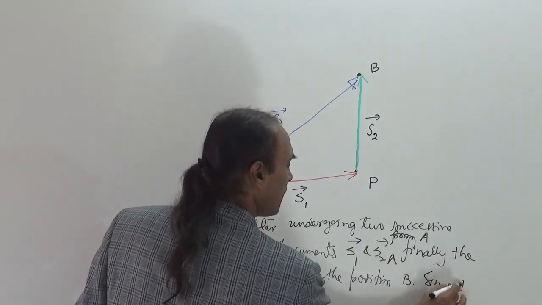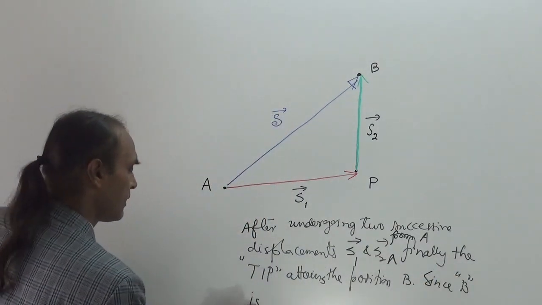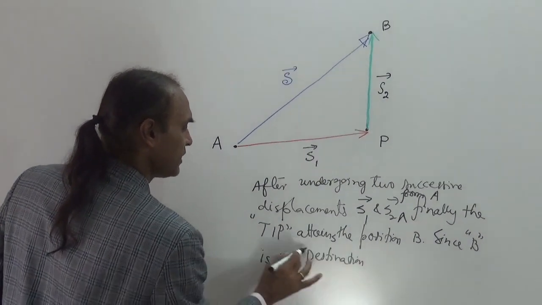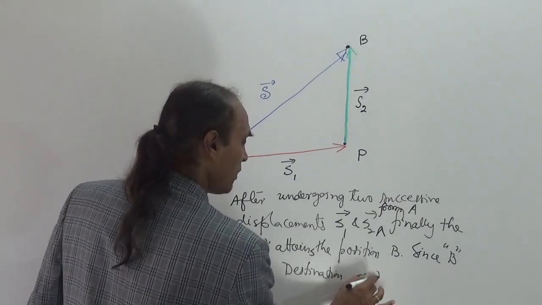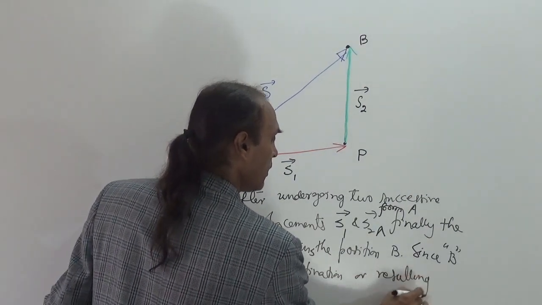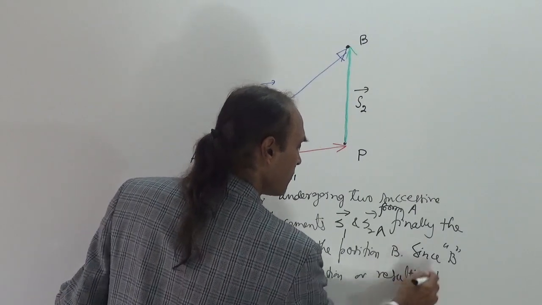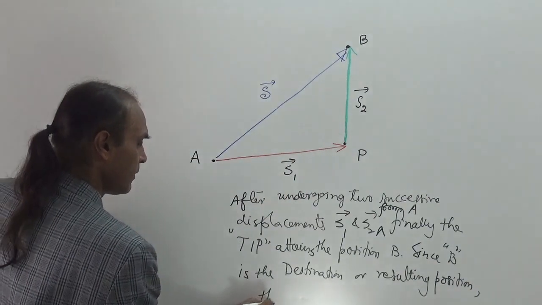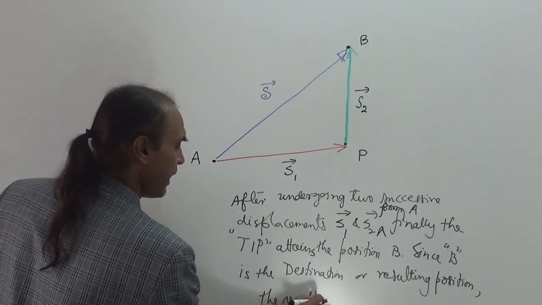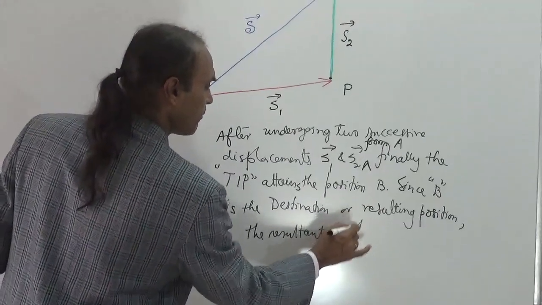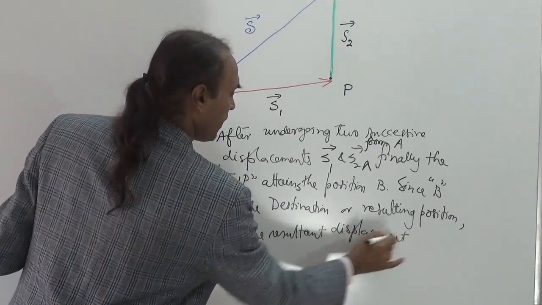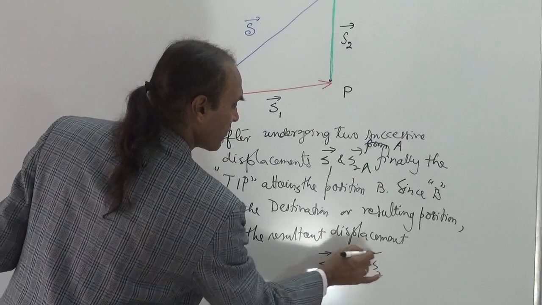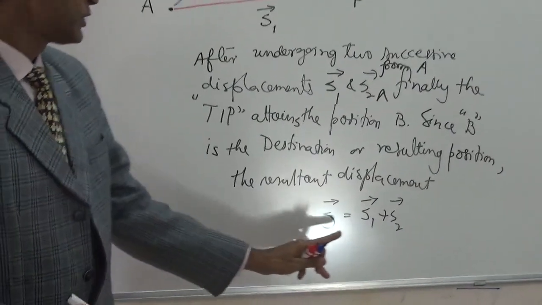Since B is the destination or resulting position, we can write the resultant displacement S as a summation of these two displacements.